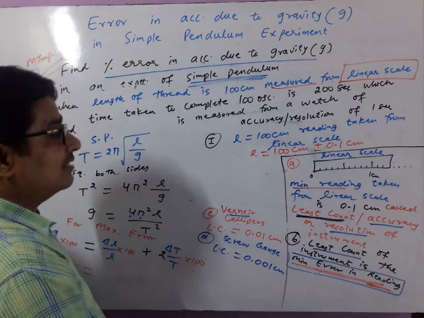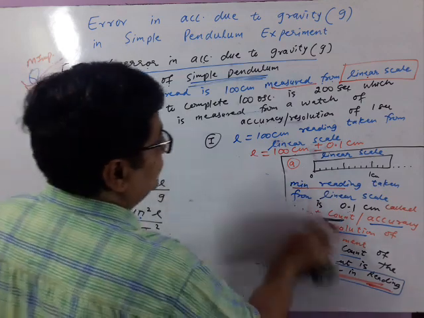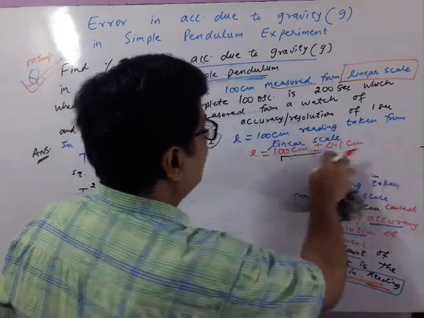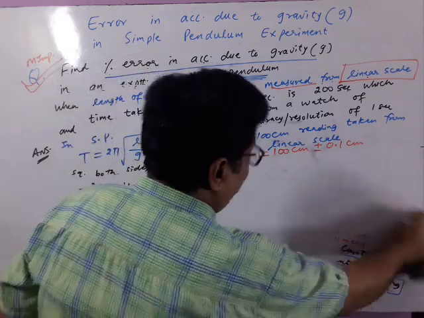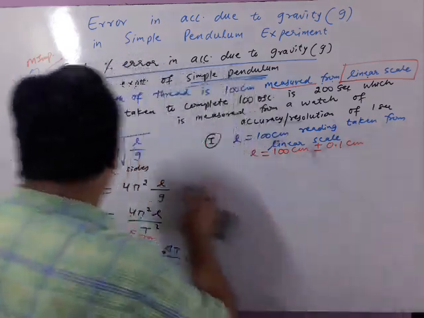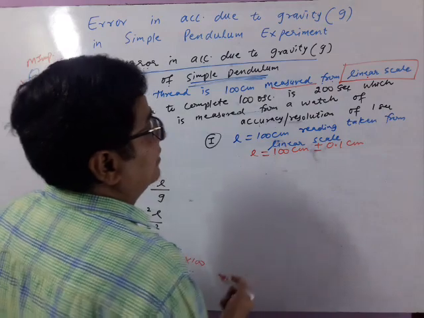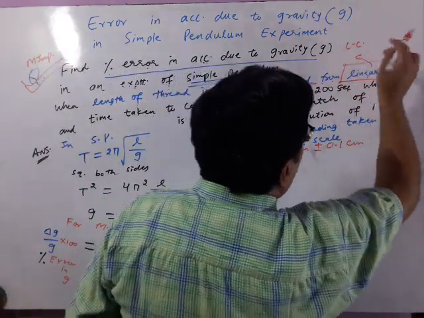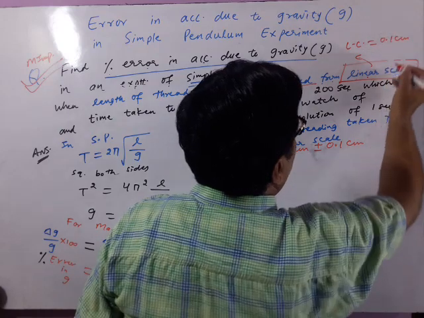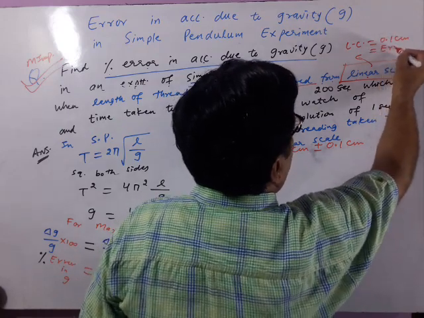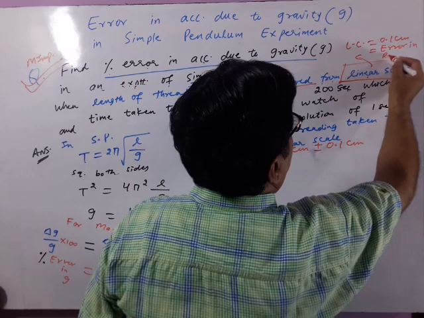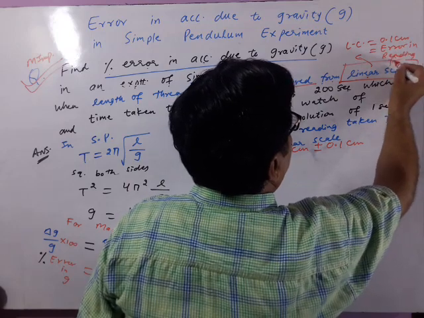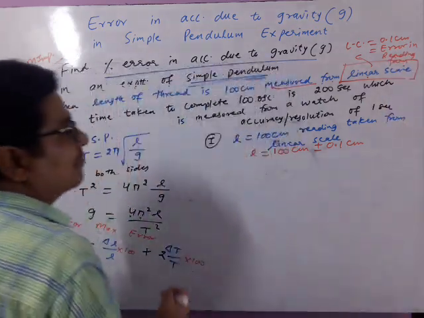Got it? Let us continue. This is the meaning of first line when he gives name of some instrument. See, linear scale having least count minimum reading 0.1 centimeter. So this is called error in reading from linear scale.